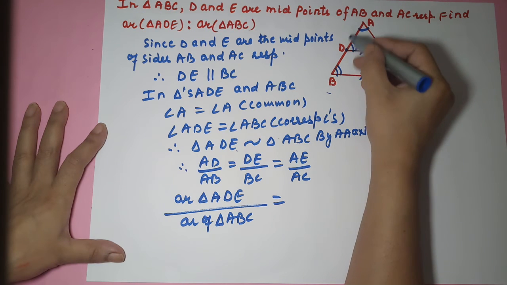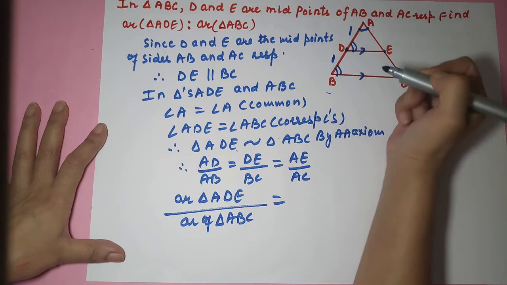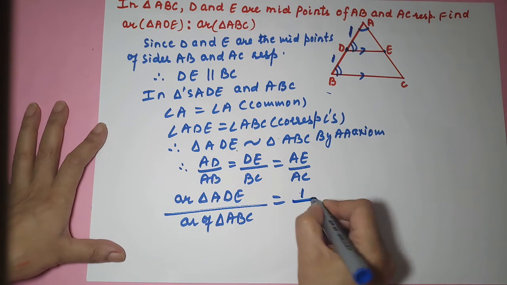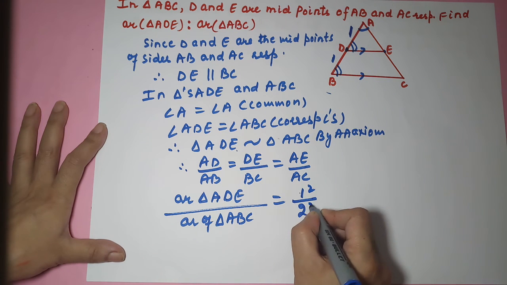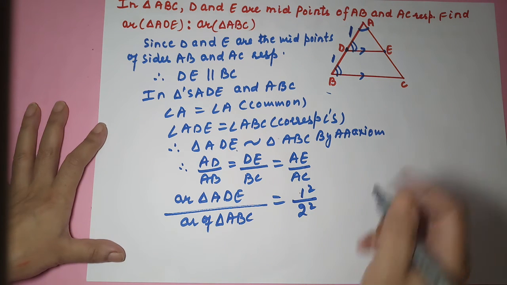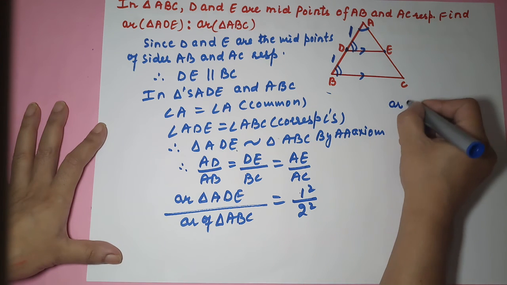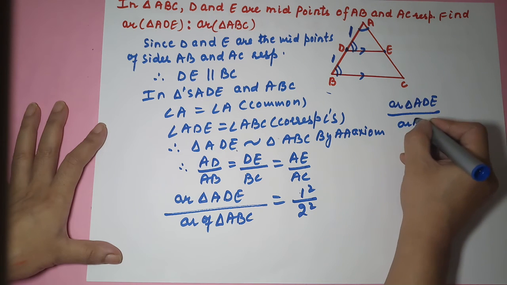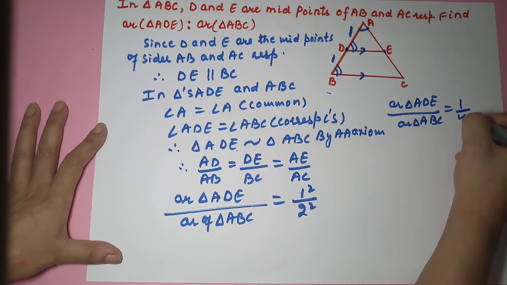Because D is the midpoint, right? So this is 1 and this is 1, fine. So if AD is 1, AB will be 1 plus 1, that is 2. 1 square and 2 square, fine. So you can write area of triangle ADE upon area of triangle ABC is equal to 1 by 4.